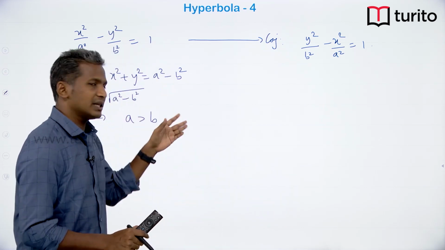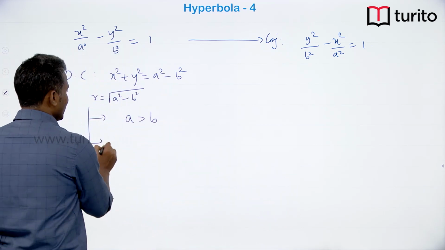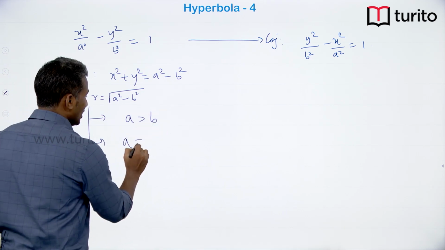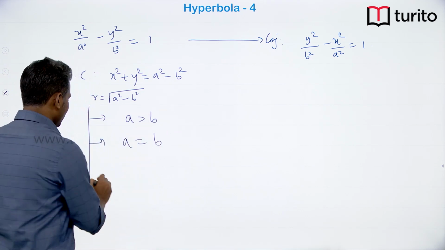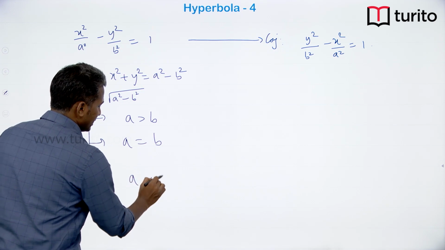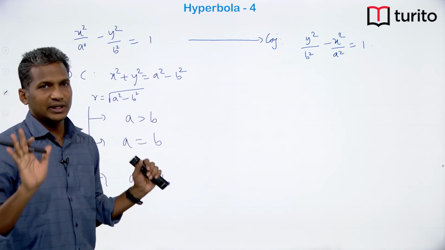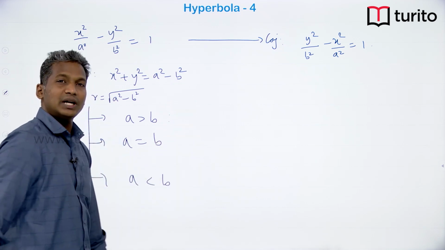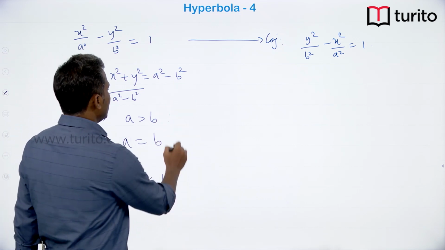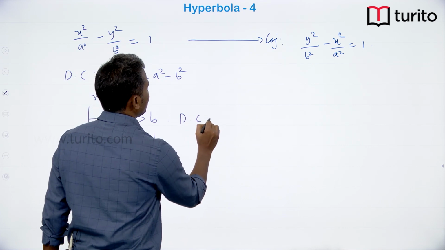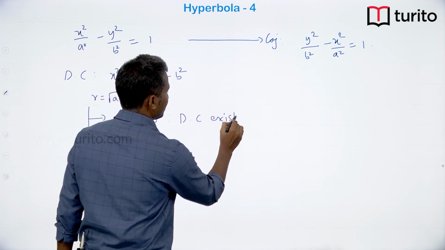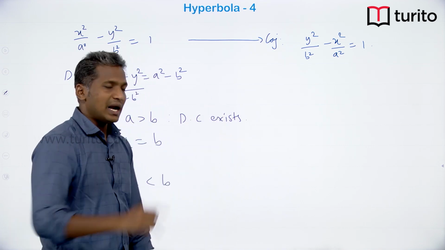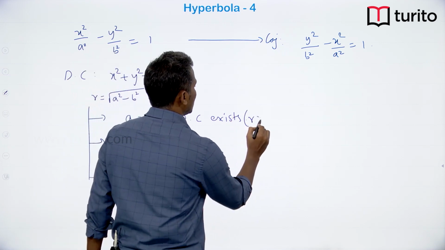So a can be greater than b, a also can be equal to b, a can also be less than b, all are possible. So in all these possible cases, what happens to the director circle? So here the director circle exists, and the radius is going to be a positive number.